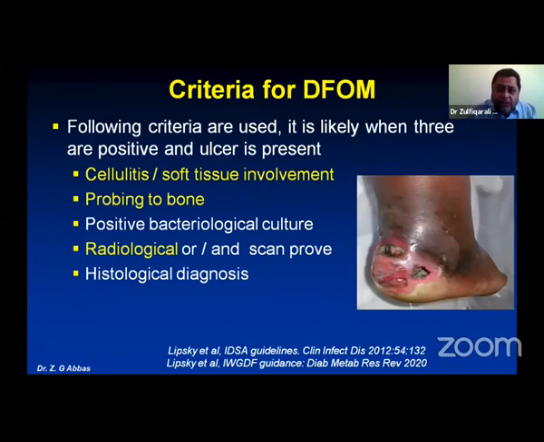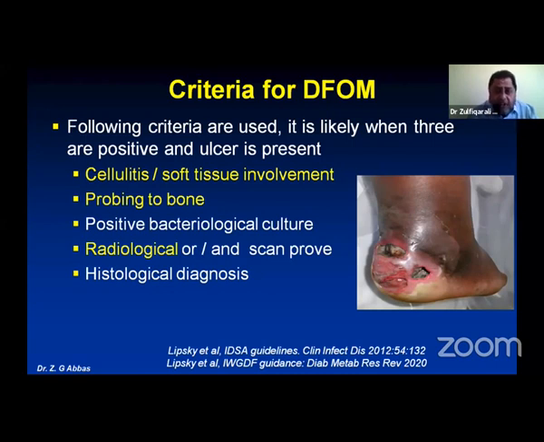In situations where we don't have all these gadgets, the following criteria are used. It is likely when three are positive; diabetic foot osteomyelitis can definitely be diagnosed. So: cellulitis, soft tissue involvement, probing to the bone, and radiology.